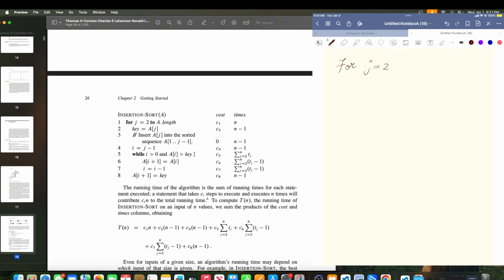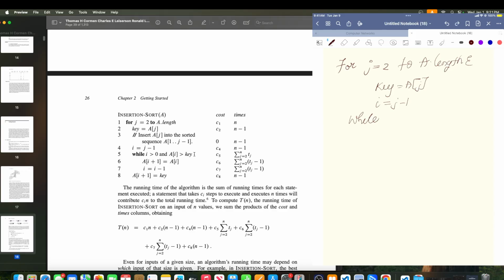And then let's analyze this. So for j equal to 2, to n, we do the following. Now let's put a parenthesis so that we can see. Then I do i equal to j minus 1. Then I have a while loop inside.